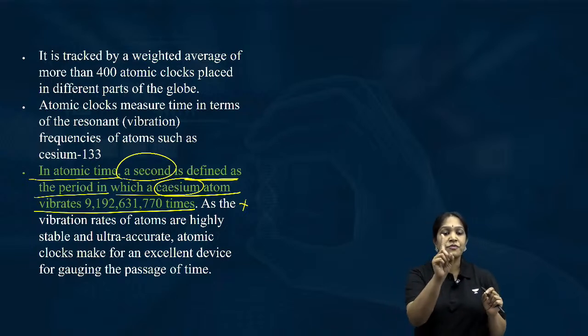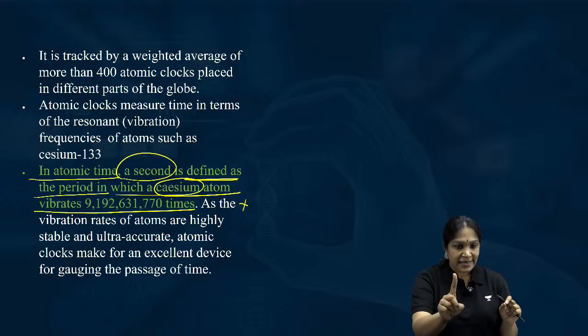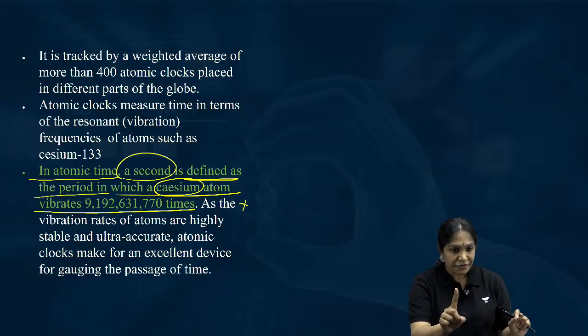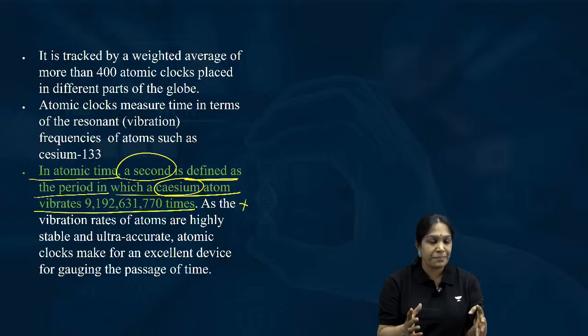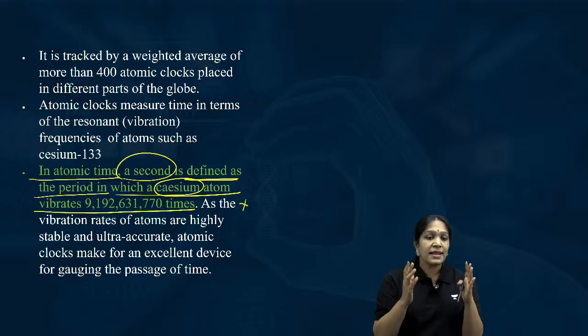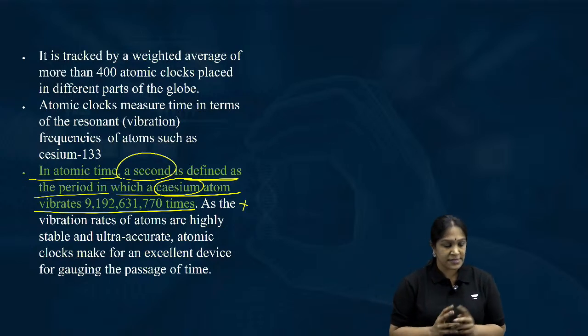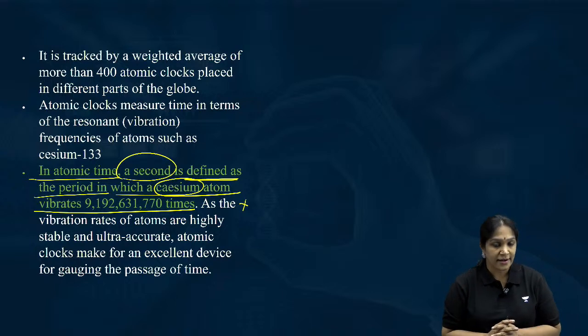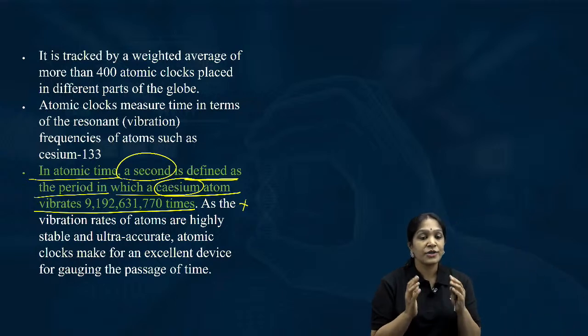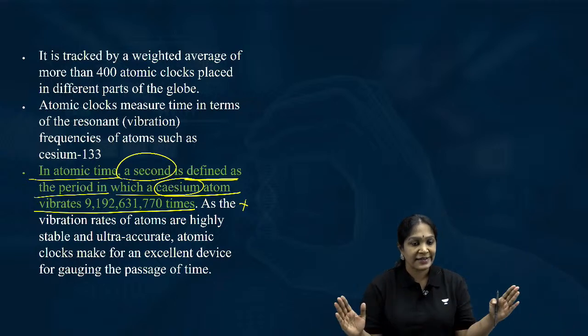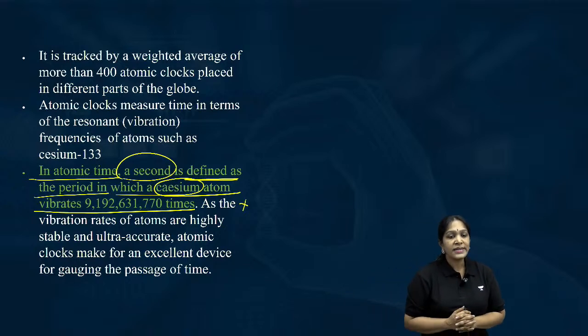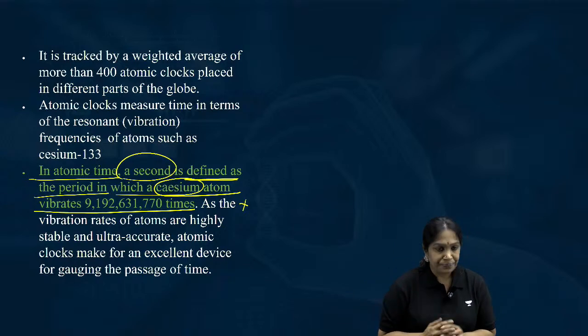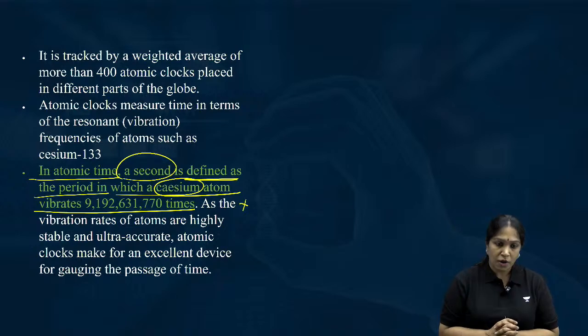So how do we define 1 second? 1 second is the time period in which a cesium atom vibrates approximately 9.2 billion times. I hope you understood the atomic clock concept perfectly. Don't apply the other information here. This is called an atomic clock.